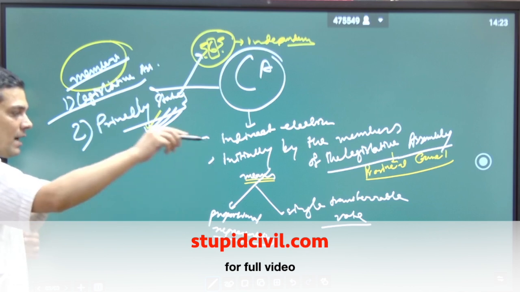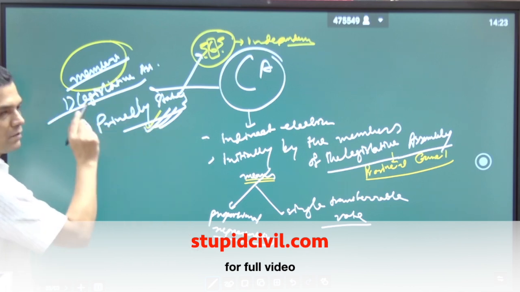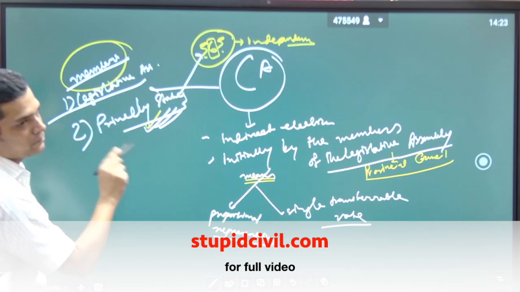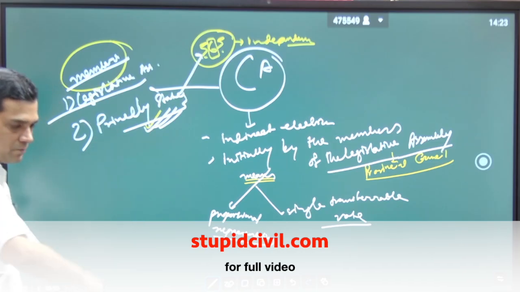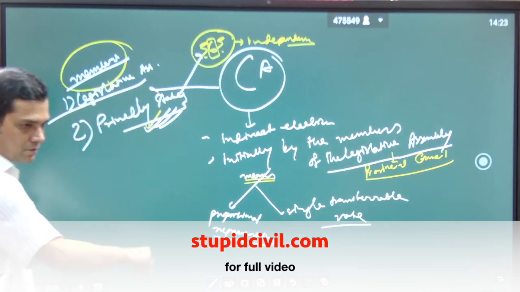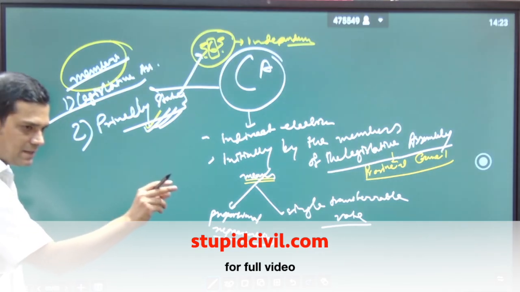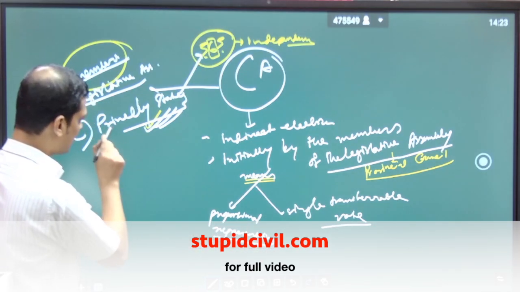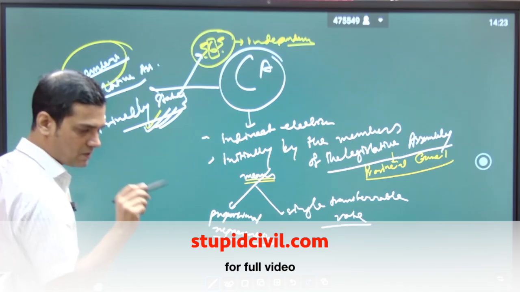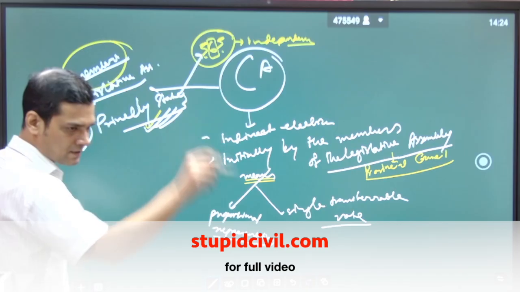However they twist the language, UPSC is going to try to fool you, but make sure you are not fooled. Princely states were there in the Constituent Assembly. Try to identify from the statement whether they are asking regarding the participation of princely states in the Constituent Assembly. Then my answer is yes.